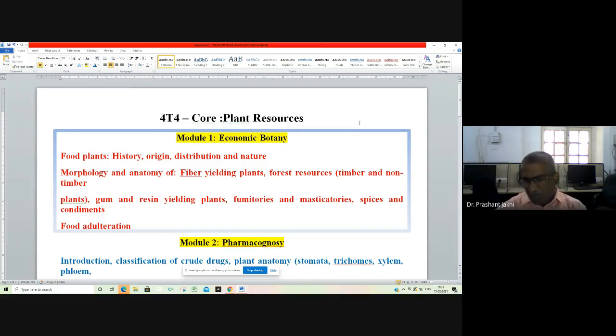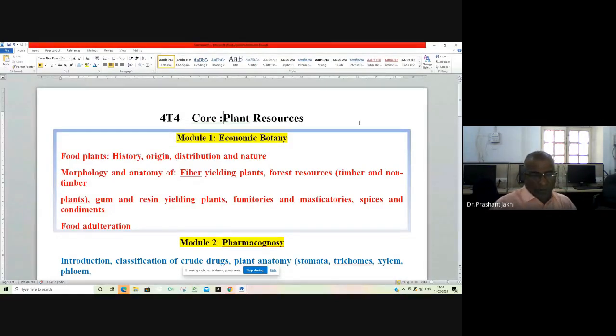Since last semester, the theory paper 3T3 has been changed, that is the angiosperm paper change, which we have gone through. But unfortunately, we were unable to complete our practicals related to our third semester Angiosperm paper 2.